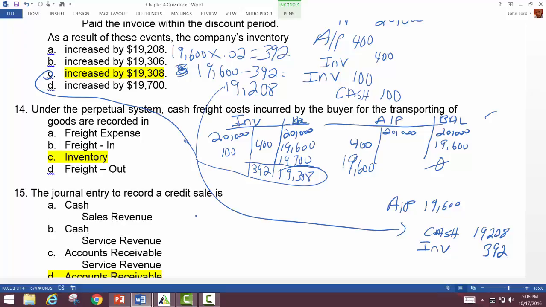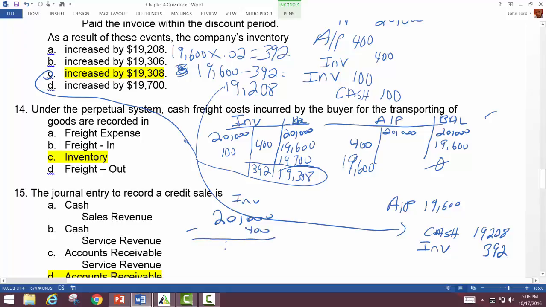Right? It's what? It's 20,000. Let's just do the whole thing now. Let's just analyze the inventory. 20,000 minus what? Minus how much did they send back? 400?